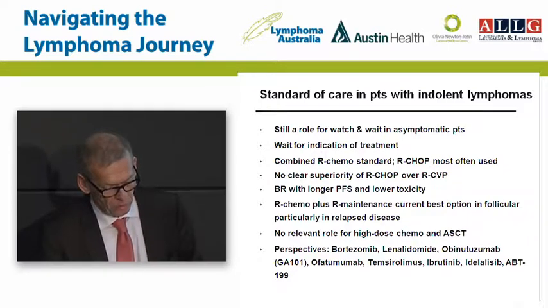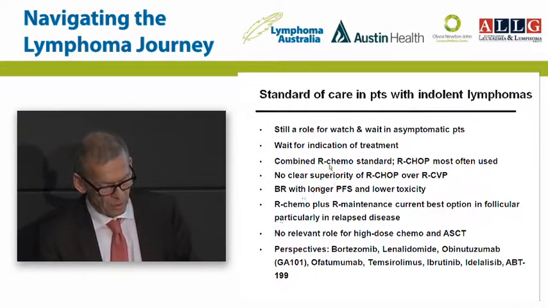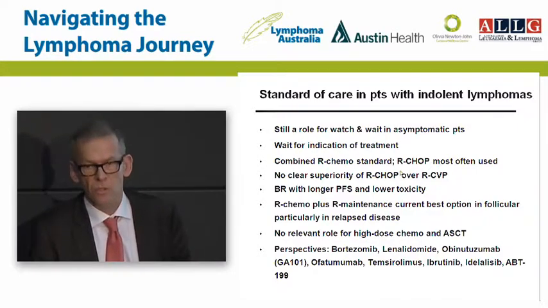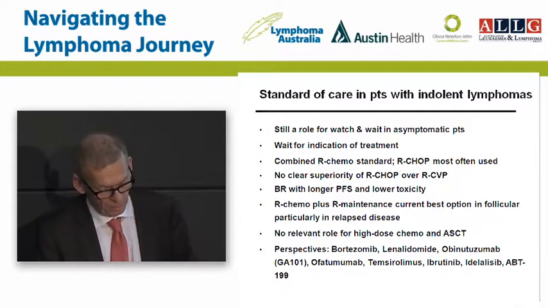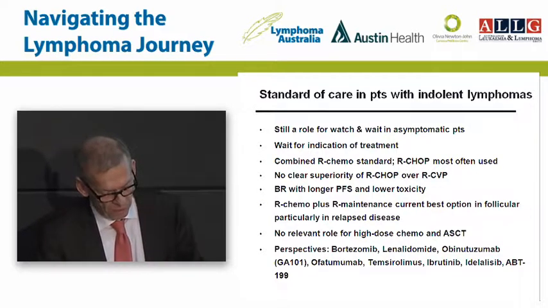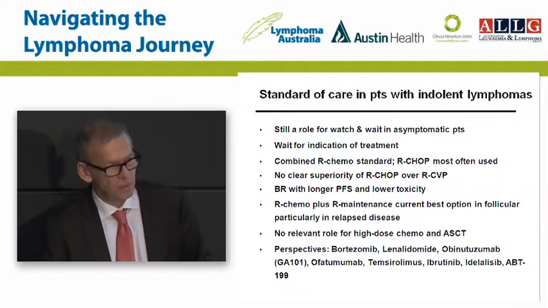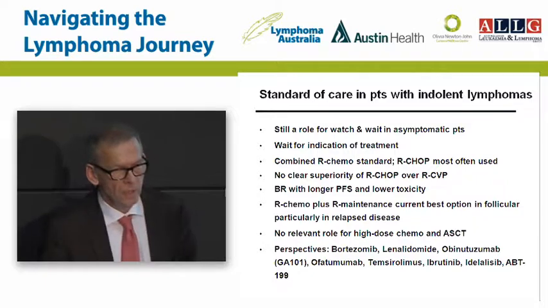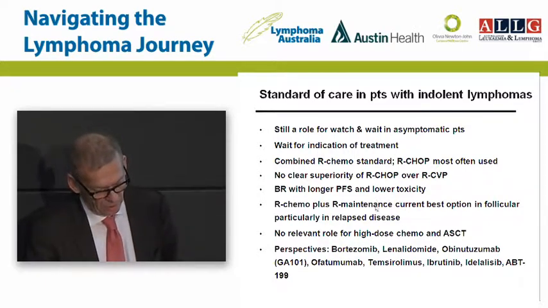I showed you that also in this disease the combination of chemotherapy and rituximab is standard. It's mainly R-CHOP, but this bendamustine is challenging the CHOP chemotherapy. I showed you that this bendamustine gives better tumor control and is better tolerated.